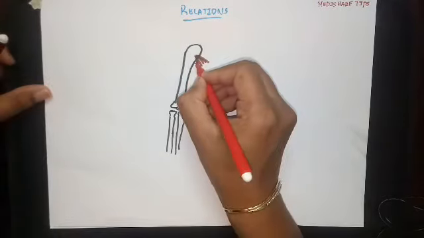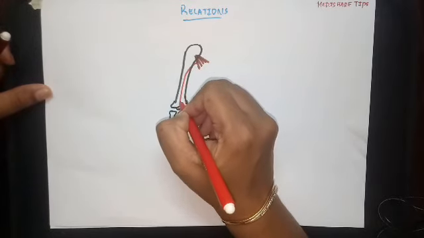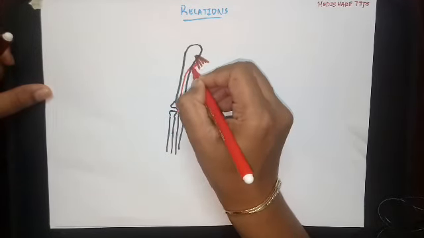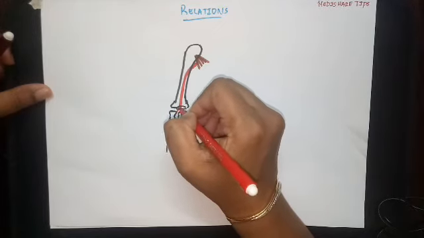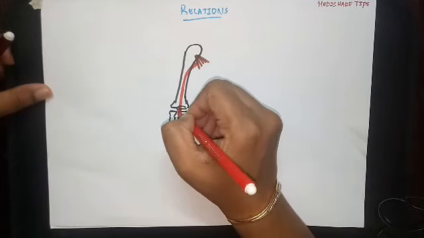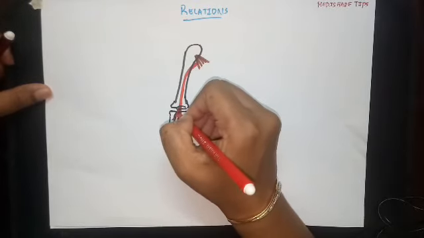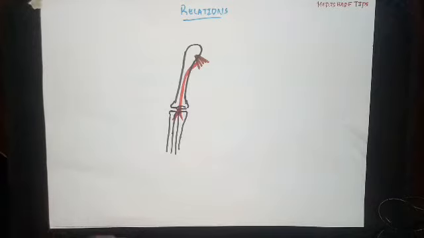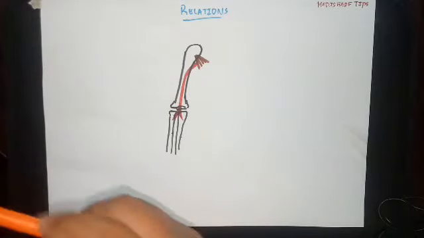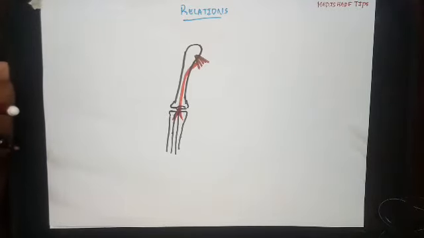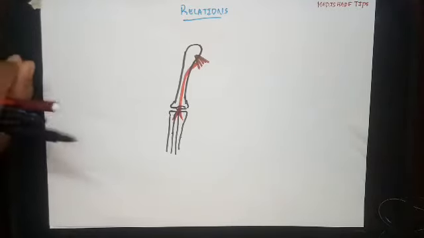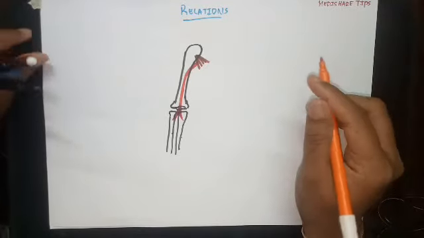This is the brachial artery. When we discuss the relations, we have to find out the anterior relation, the posterior relation, medial relation, and lateral relations of the artery.